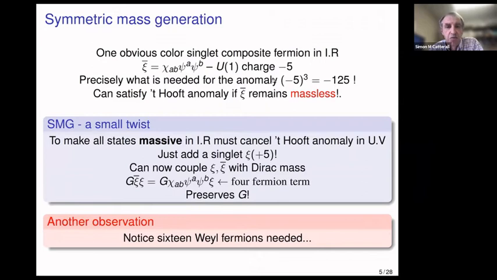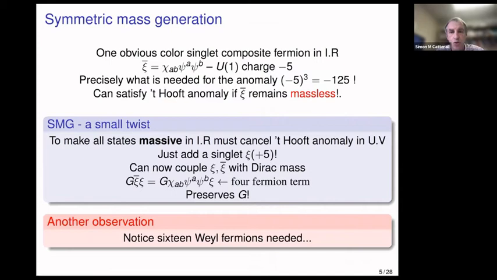So in fact, in this model, it's believed that you can satisfy the 't Hooft anomaly by having composite massless fermions, all right? Because they automatically satisfy the 't Hooft anomaly mechanism. So it predicts, if you want, that this composite fermion remains massless in the IR. All right, and so that's what's believed.